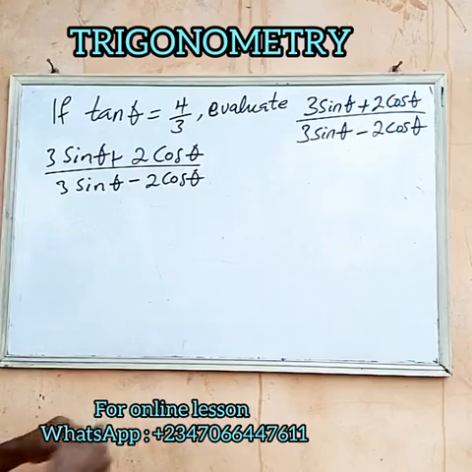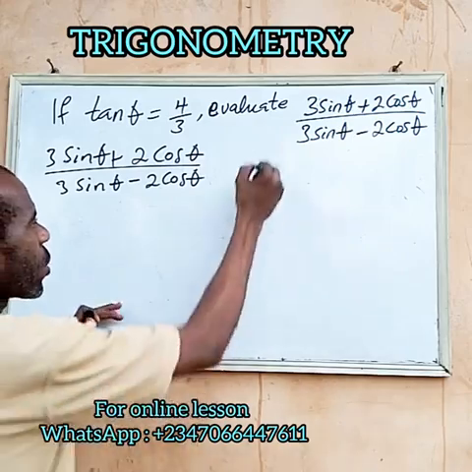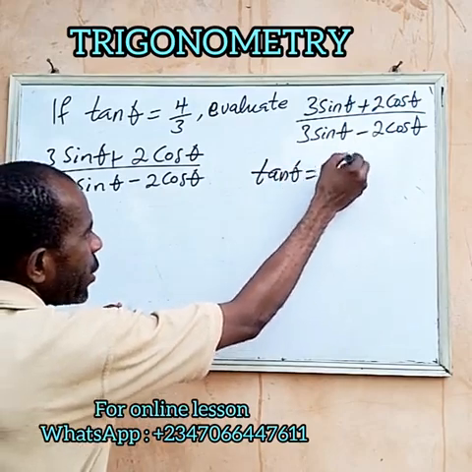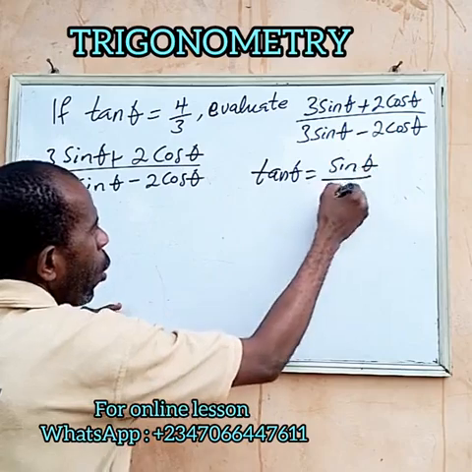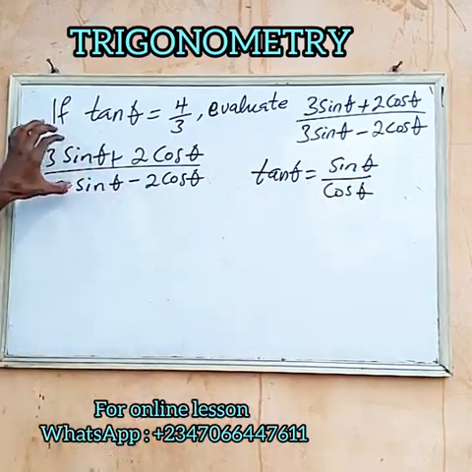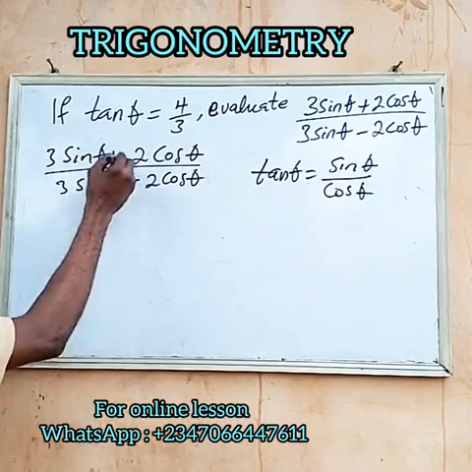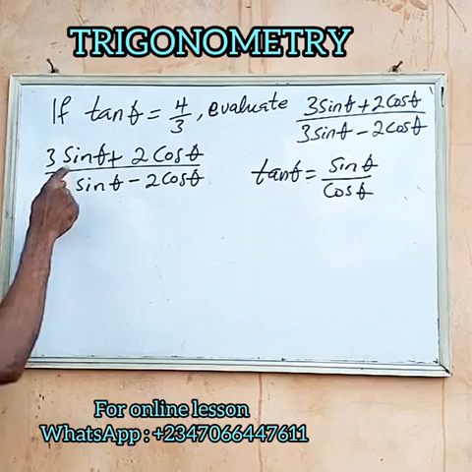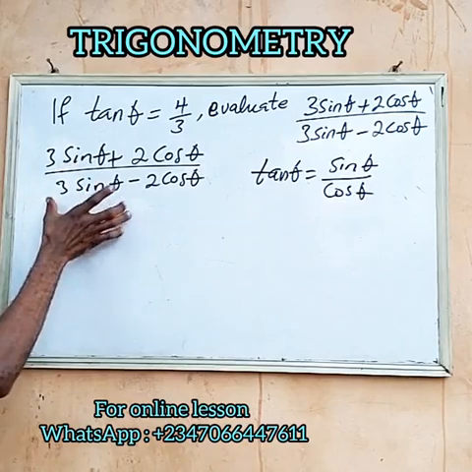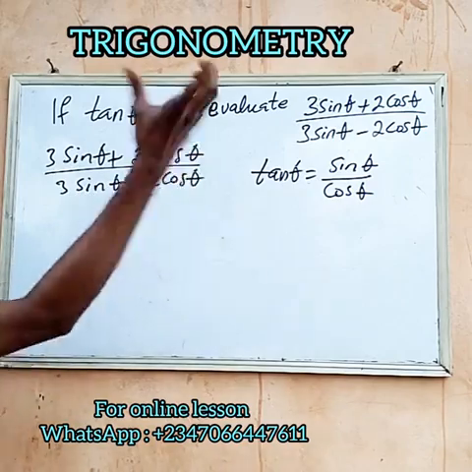And remember that in one of our trigonometric identities, tan theta is equal to sine theta over cos theta. So what am I going to do to make this have tan theta? I am going to divide both by cos theta. Since here I can have over cos theta, and also here over cos theta, then I will have tan theta. Then cos theta can just cancel out.